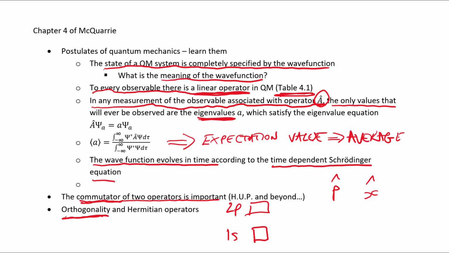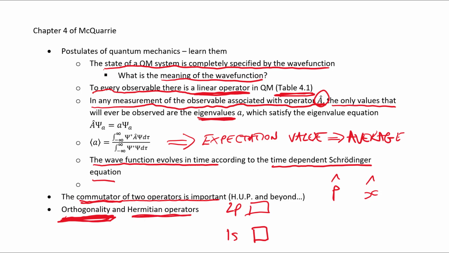The wave function for that electron in 1s would be orthogonal to the wave function for 2p, because that electron cannot be in both orbitals at the same time. That's the basis for this idea called orthogonality, which carries throughout quantum mechanics.